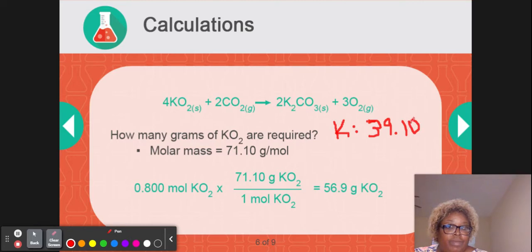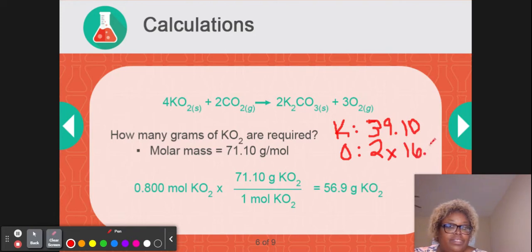And then oxygen, we have 2 of them, so 2 times 16.00 if we round the number that's given in the periodic table.